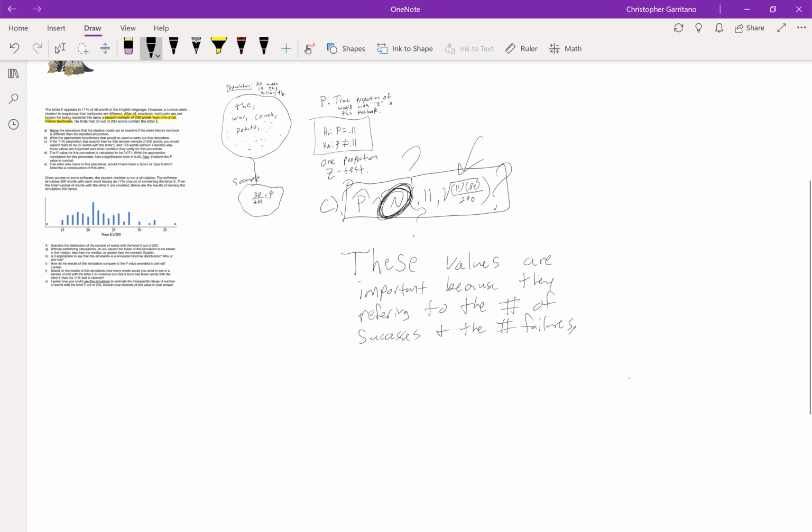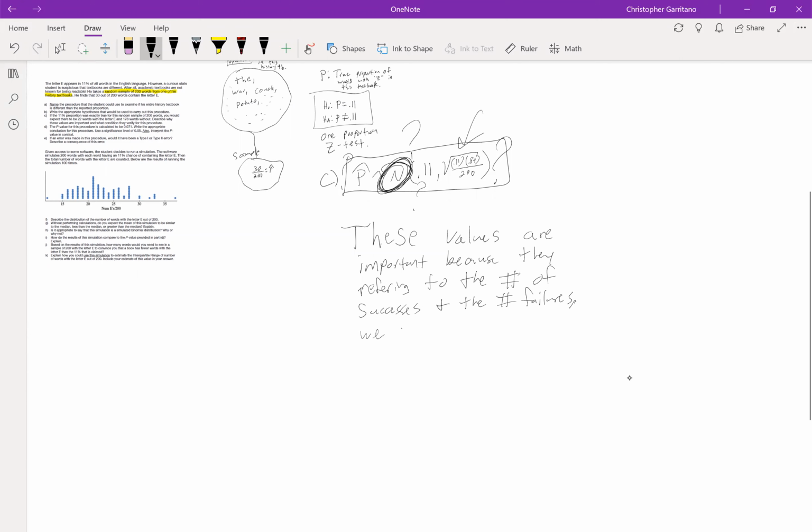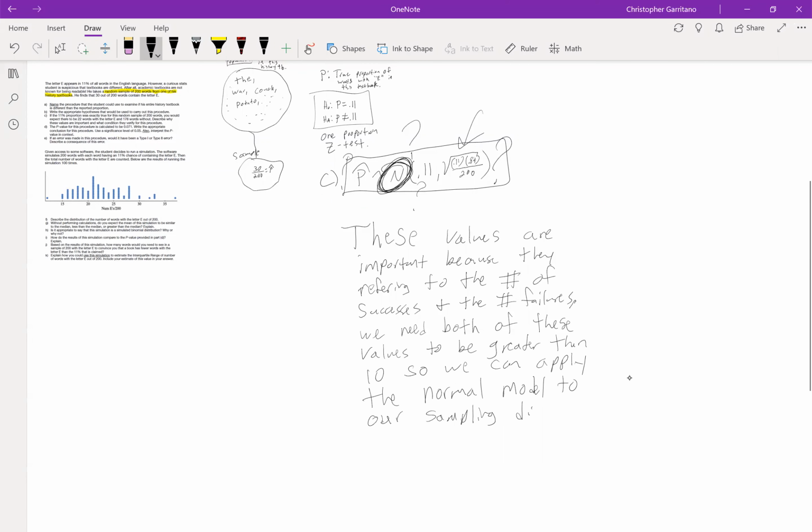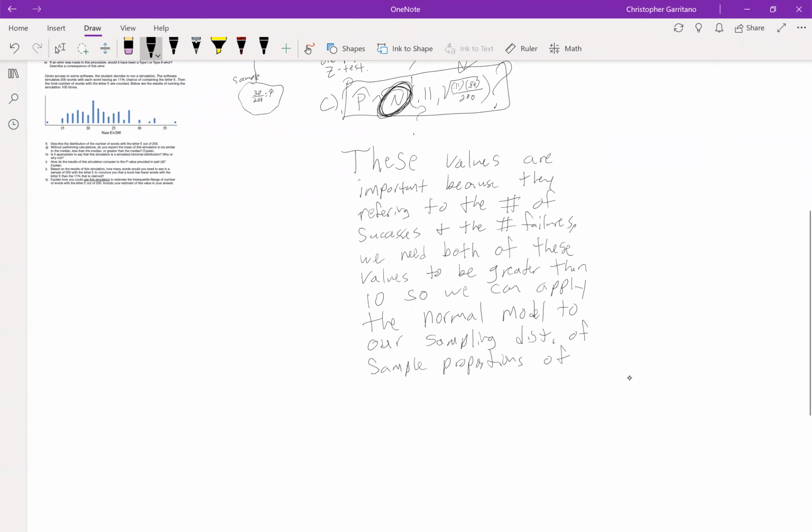We need these numbers to be both greater than 10 so we can apply the normal model to our sampling distribution of sample proportions of words with the letter E.